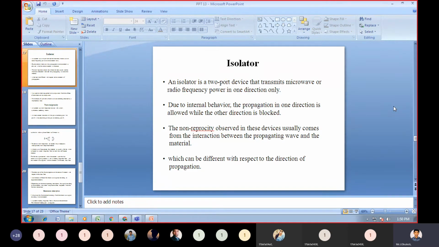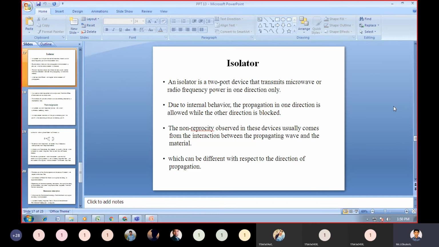And this isolator is non-reciprocal. The non-reciprocity observed in these devices usually comes from the interaction between the propagating wave and the material.